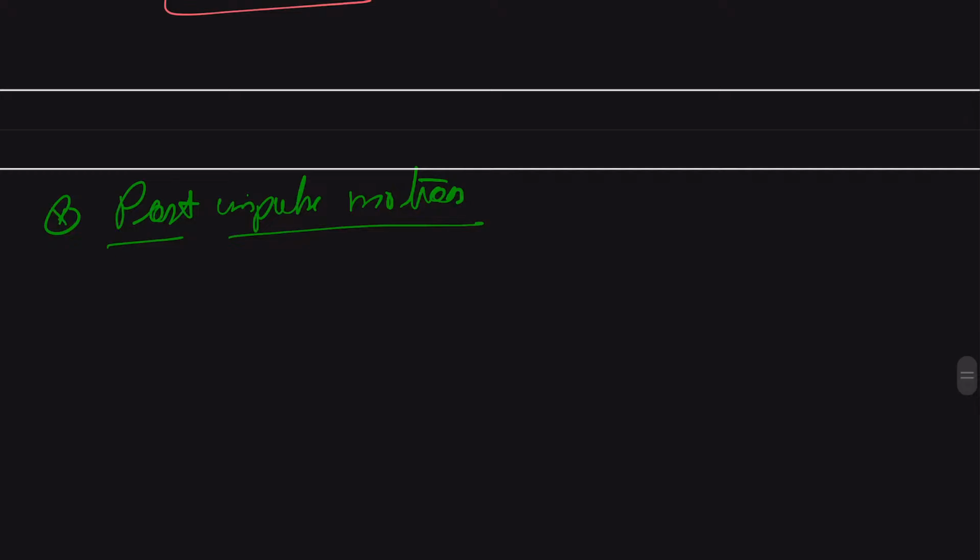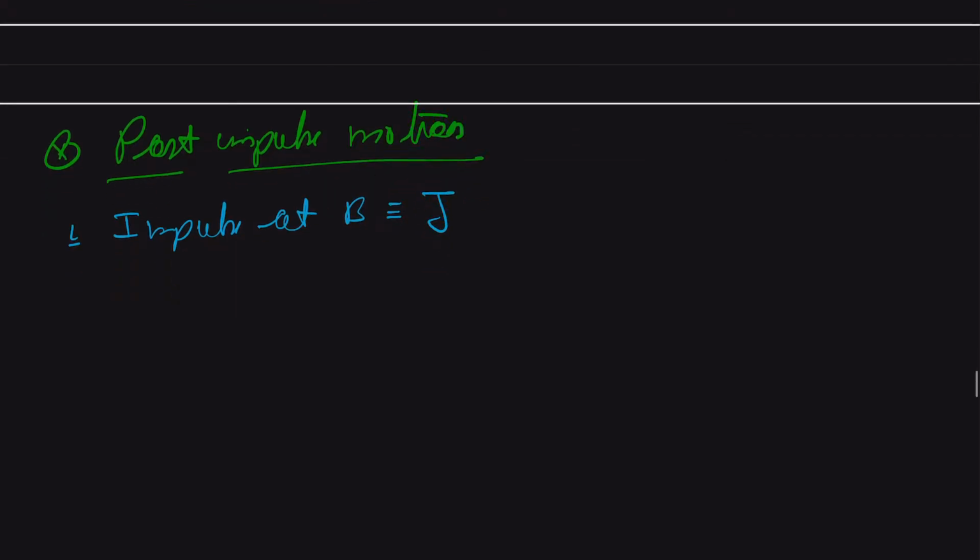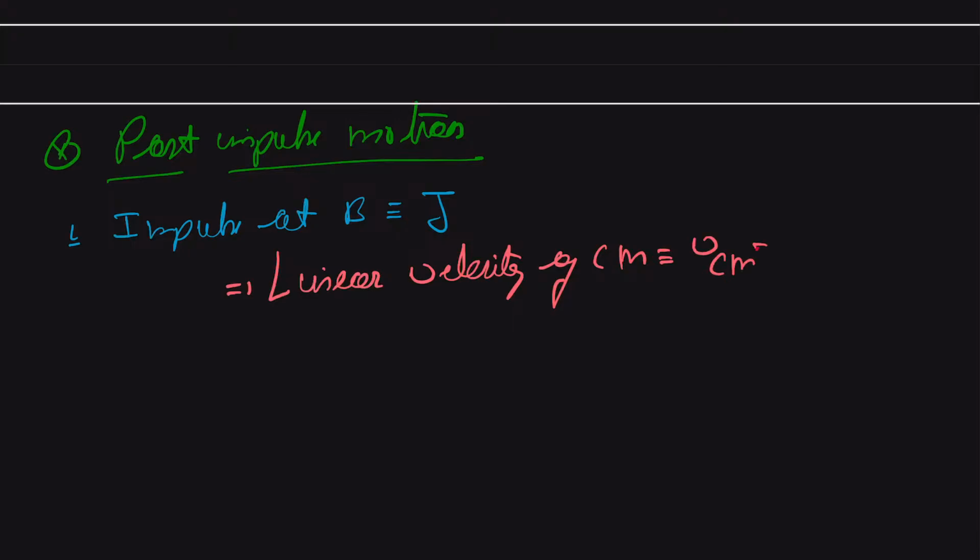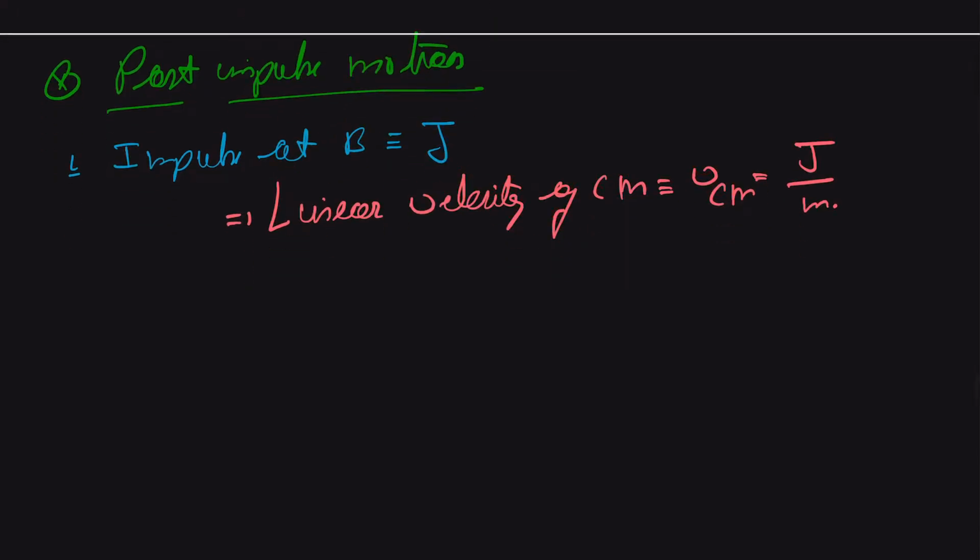And post-impulse, we have an impulse at B, and let us suppose that is our J. And because of this, we can say that the linear velocity of the center of mass, let us call this VCM, will be equal to J upon M.